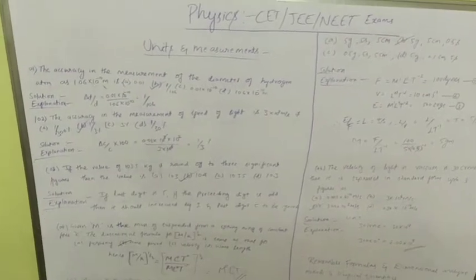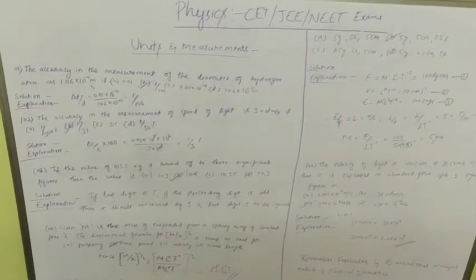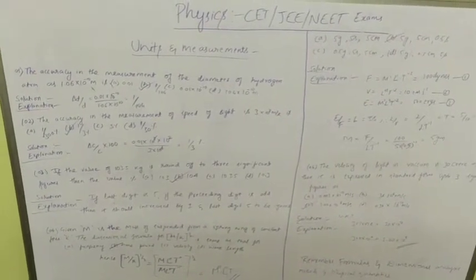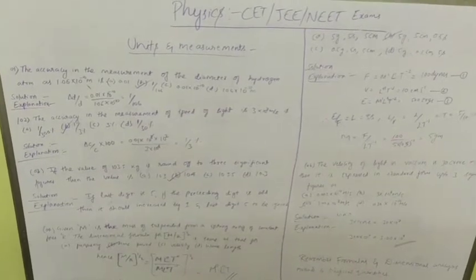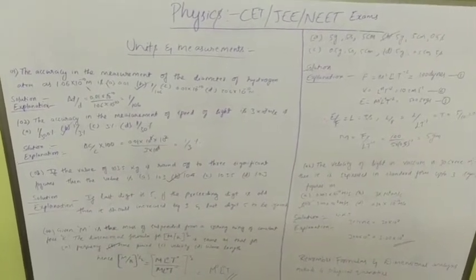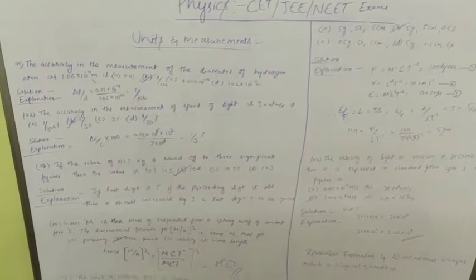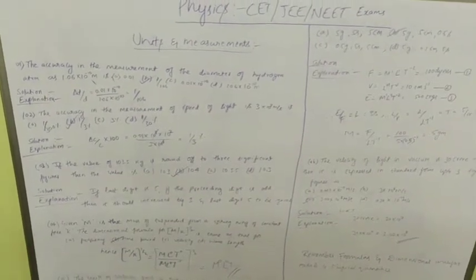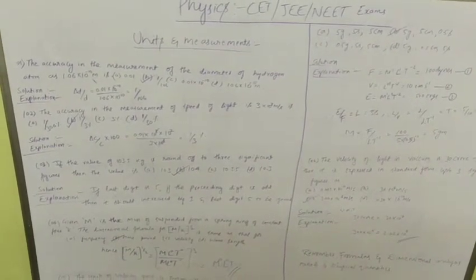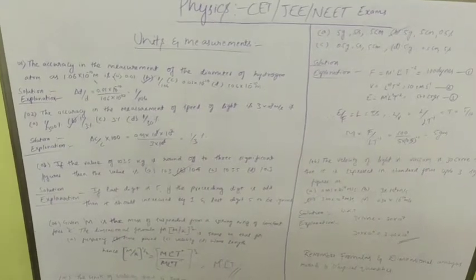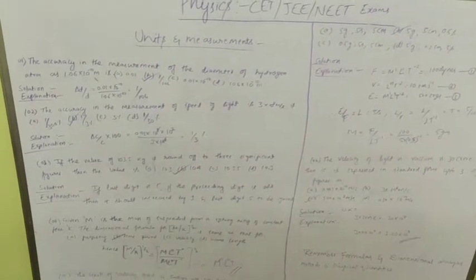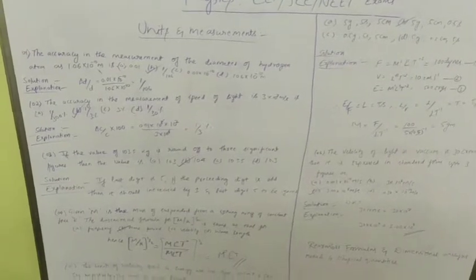Second one, the accuracy in the measurement of the speed of light. Here they asked, the speed of light is 3 × 10 raised to 8 meter per second, and the options are given. We need to solve using the formula delta C by C × 100. Here the percentage sign is given, and it is formula 2.